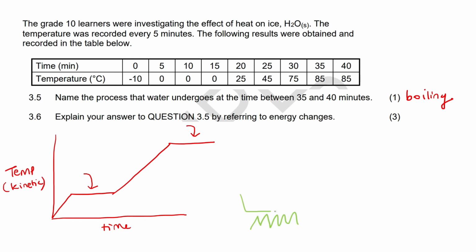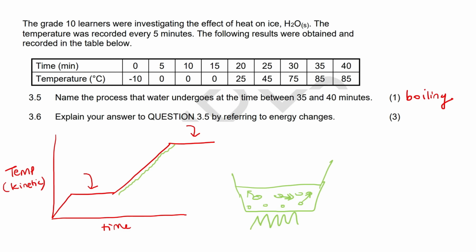As we keep adding heat to the liquid, what is going to happen to the molecules inside this liquid as you are adding heat? They're not boiling just yet. We're not here. We're over here. So as you are adding heat, these molecules are beginning to move faster and faster and faster. So that means their kinetic energy is going up, meaning their temperature is going up. And that is why we can see there is an increase over here.